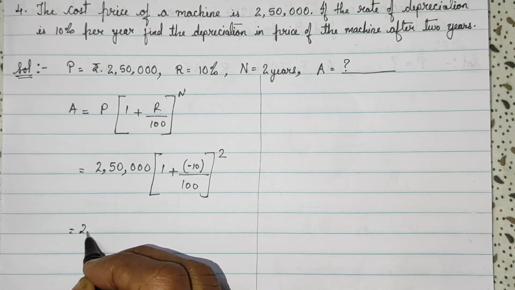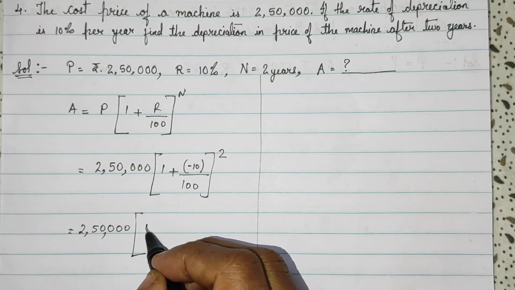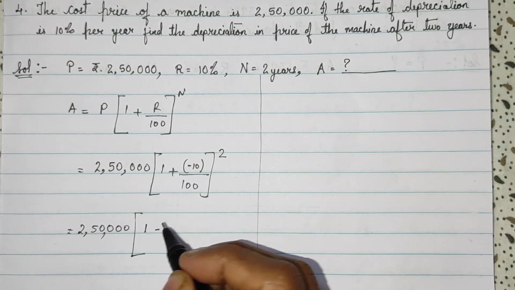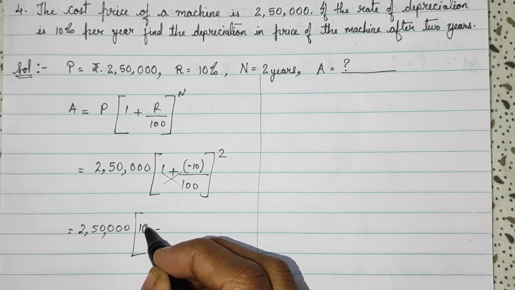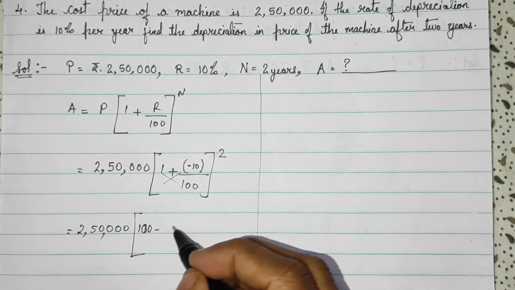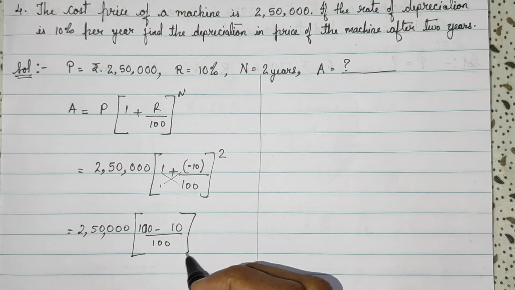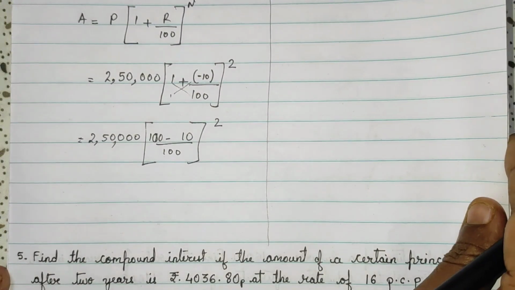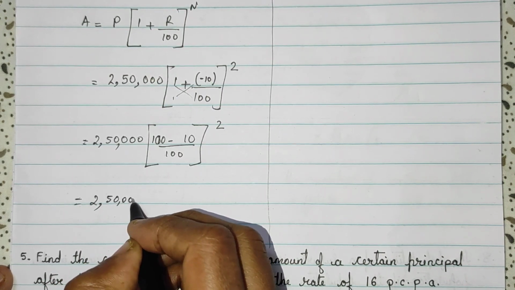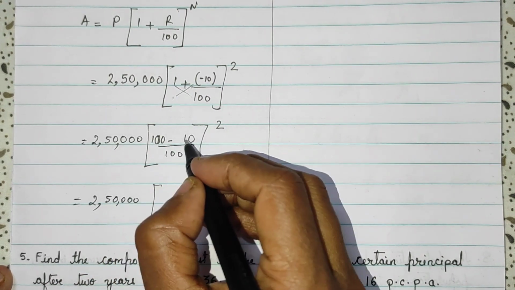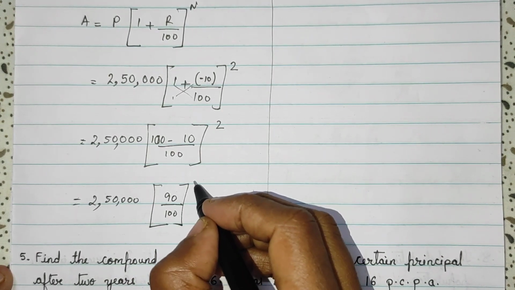So 2,50,000 into (1 - 10/100) raised to 2. Cross multiplication, 1 into 100, 100, then 1 into 10, 10, upon 100 raised to 2. That will be equal to 2,50,000 into ((100 - 10)/100) raised to 2, which is 90/100 raised to 2.